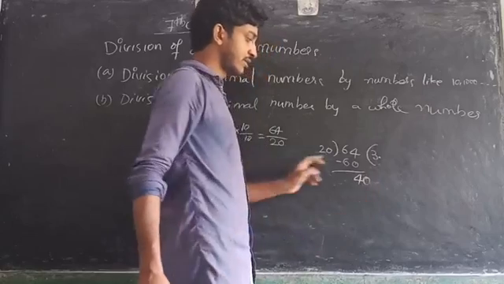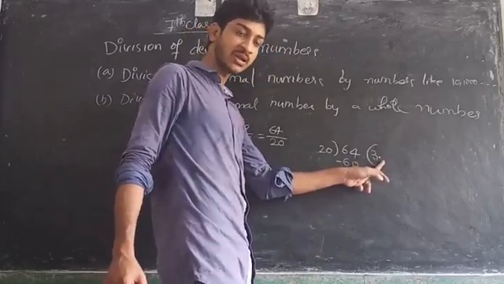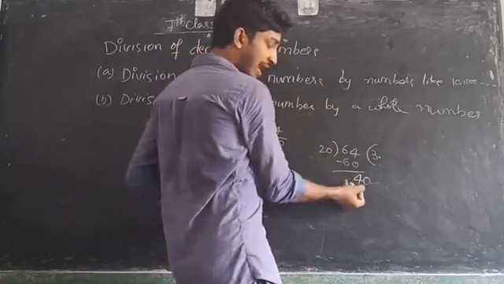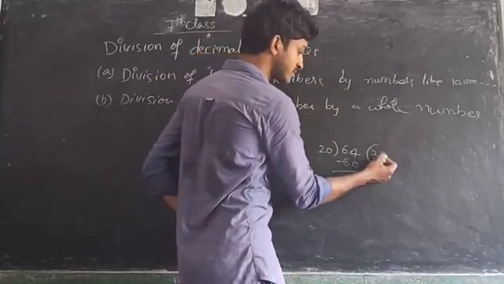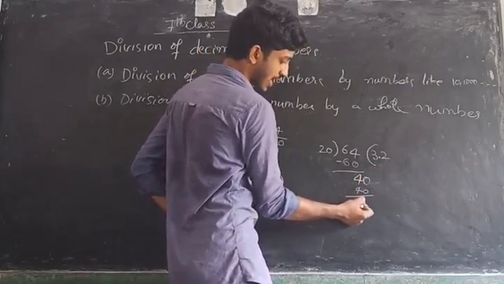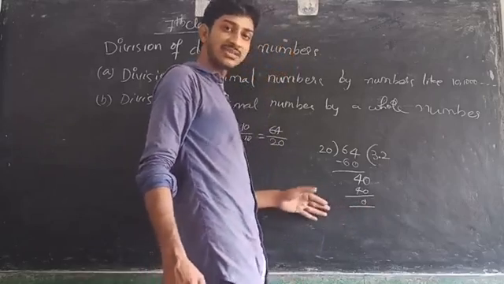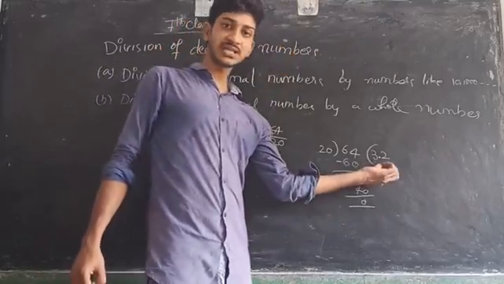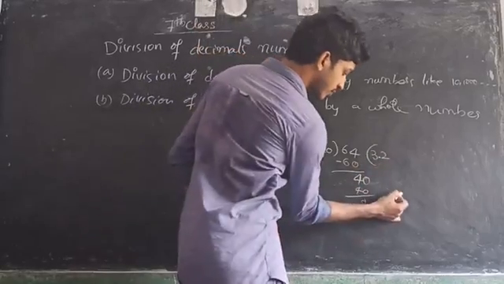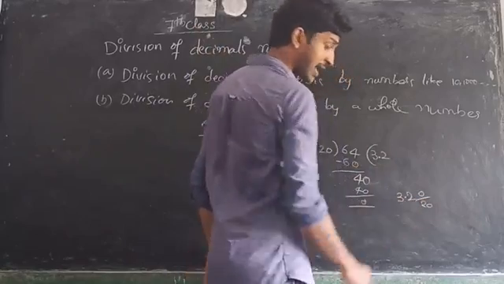So 40, how many times? 2 times. 20 into 2 is 40. So the remainder is 0. What is the answer here? If the remainder is 0, the quotient is the answer. So the actual answer is 3.2.